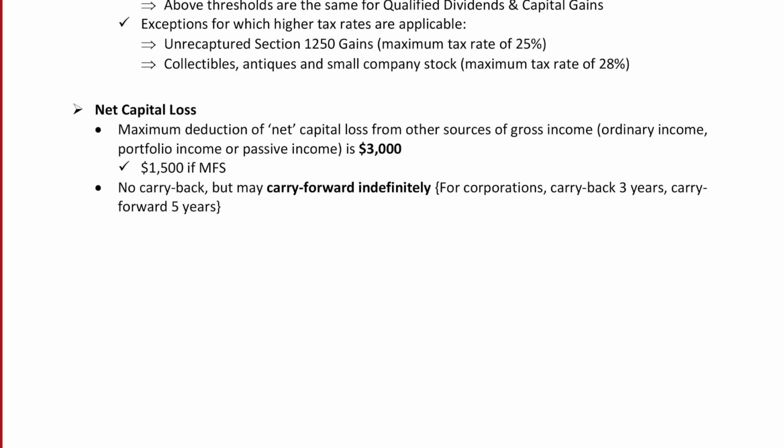On the third bullet, highlight net capital loss. Highlight maximum deduction of net capital loss from other sources of gross income is $3,000 per year. For any net capital loss, there is no carryback but may carry forward indefinitely.